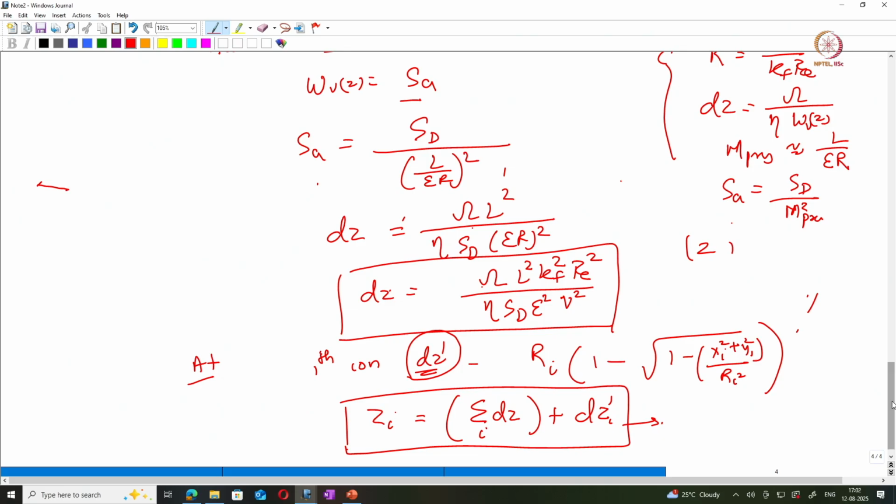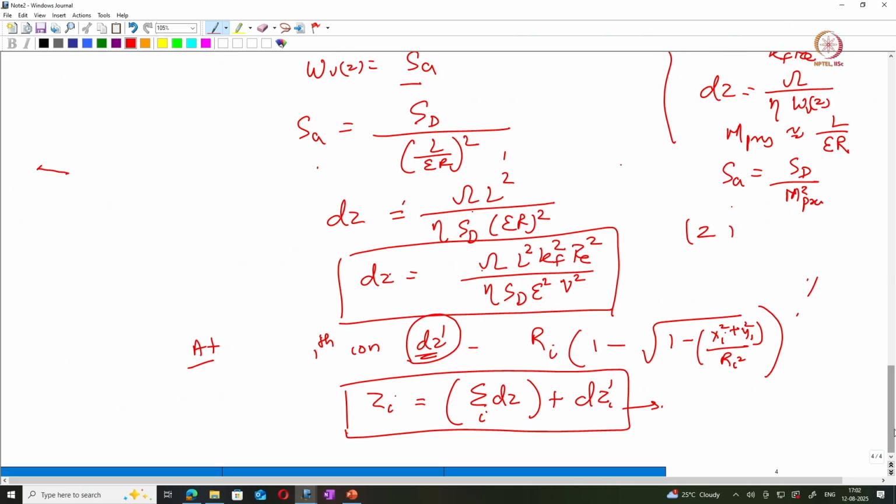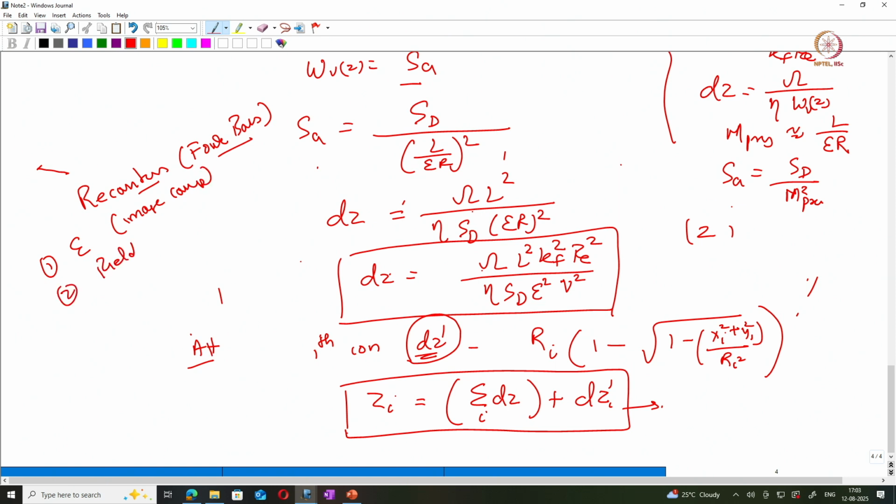Okay, so in summary, to build a reconstruction we need four basic parameters which have to be calculated. The first one is the image compression factor. The second one is the field factor. The third is the evaporation field.